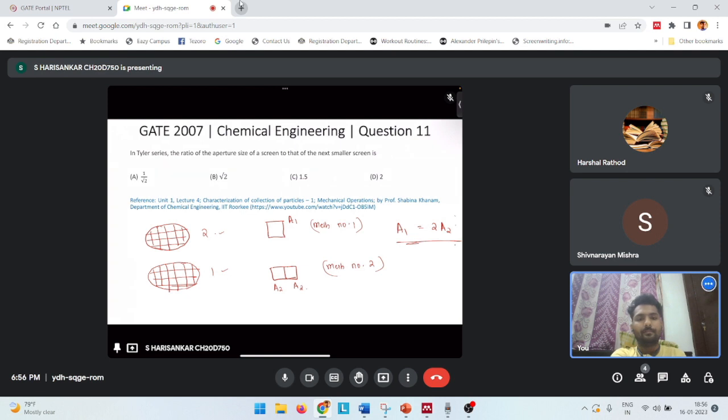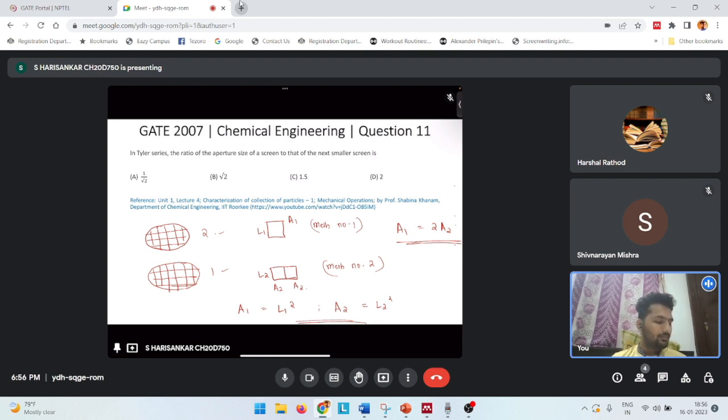So now let us say L1 is the length of this opening having area A1, and let us say L2 is the length of this opening having an area A2. So then area A1 will be L1 square and area A2 will be L2 square.